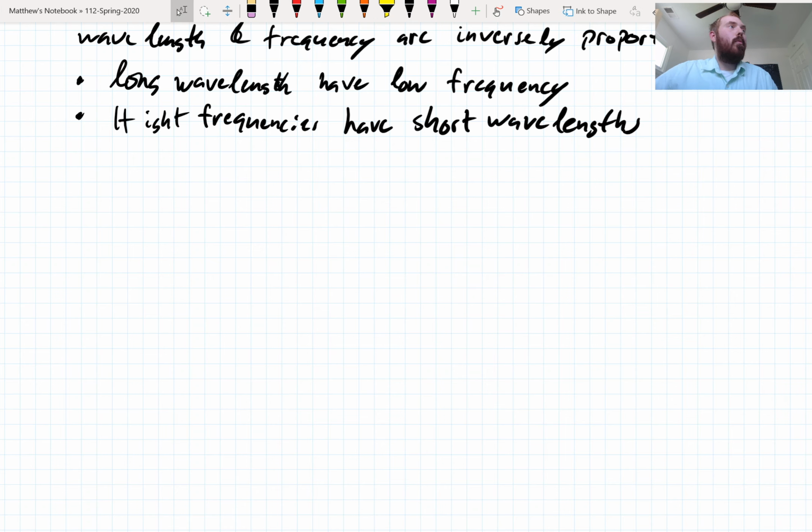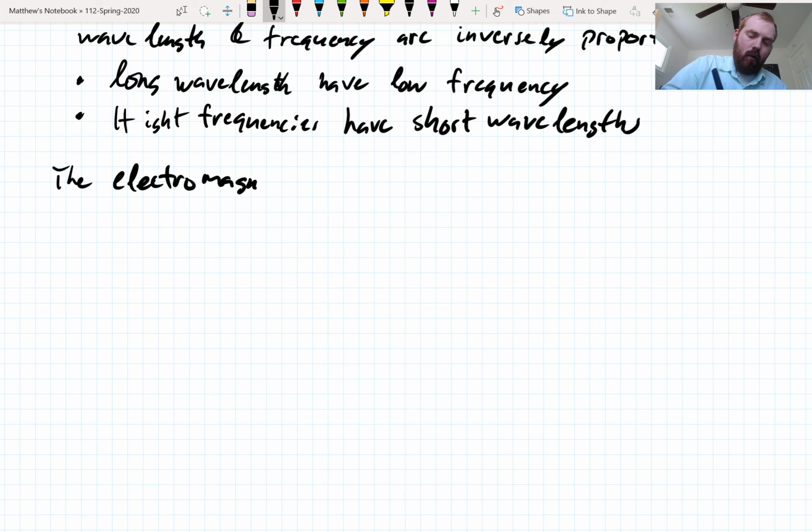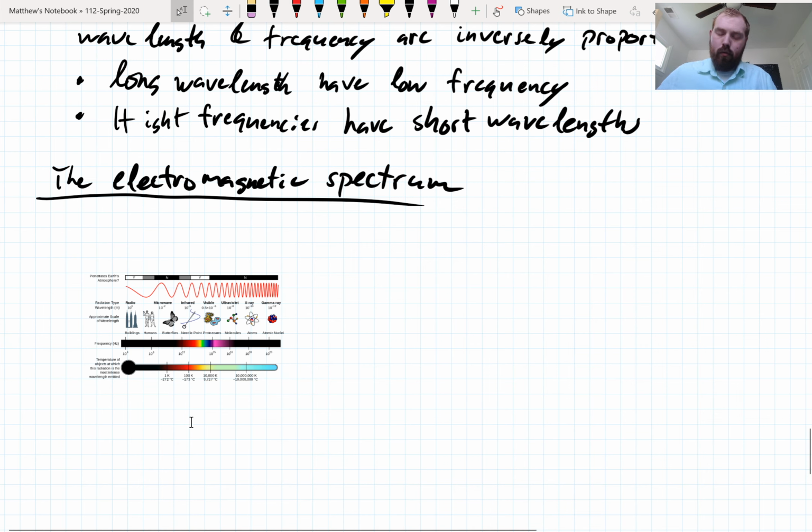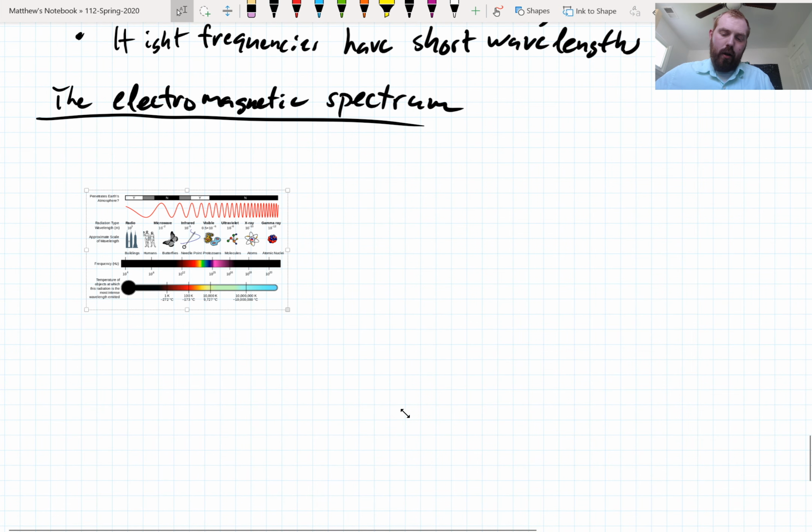So let me pull up a nice little chart that does a great job summarizing the electromagnetic spectrum. Let's pull this in here. All right, gotta make that a little bigger. Hold on a second.